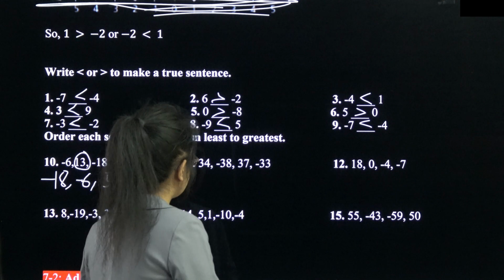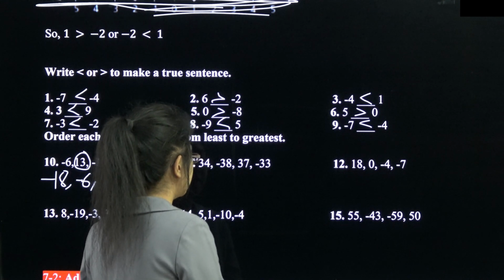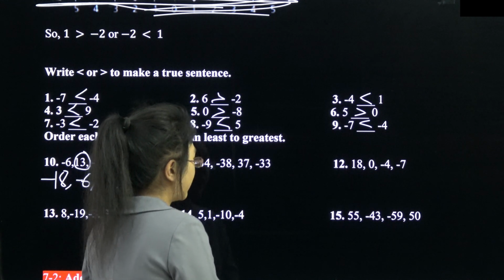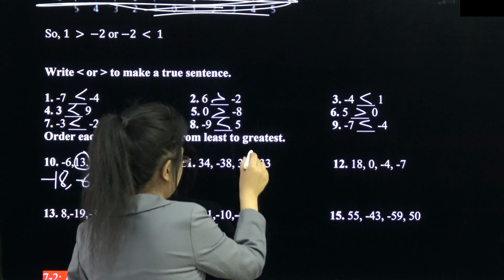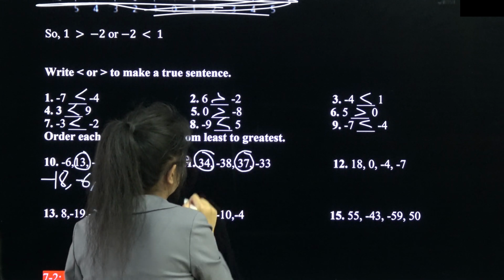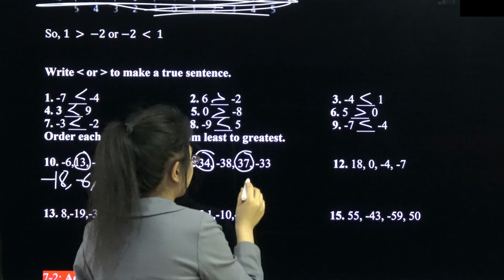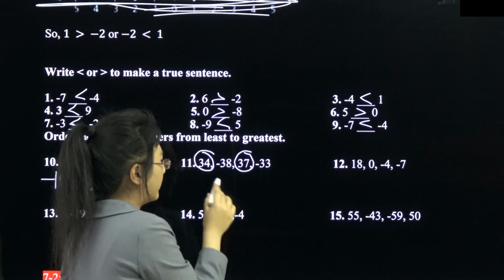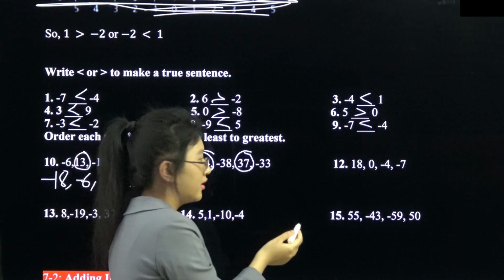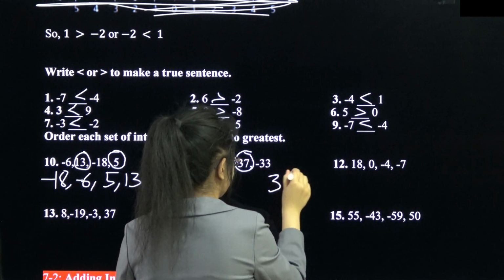Over here we have 34, negative 38, 37, and negative 33. Now we pick out the positive numbers and we order those first. So the greater one out of 34 and 37 would be 37.